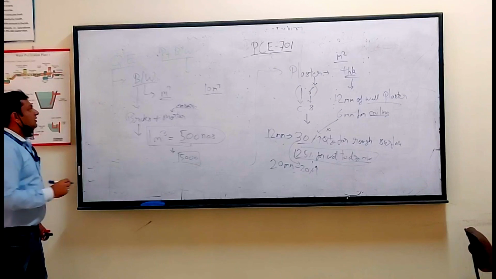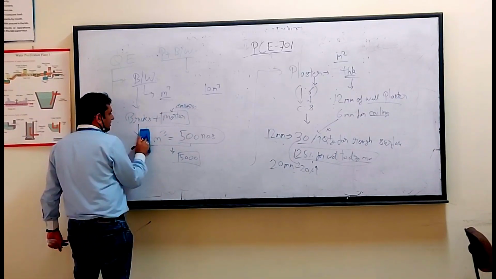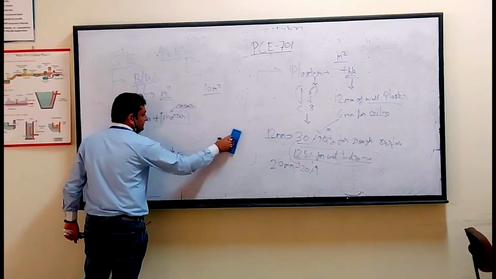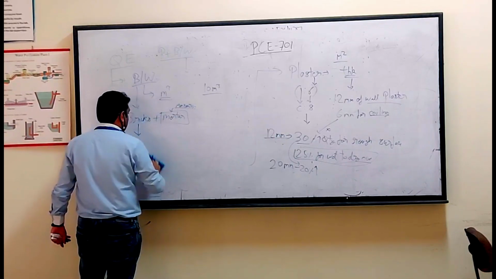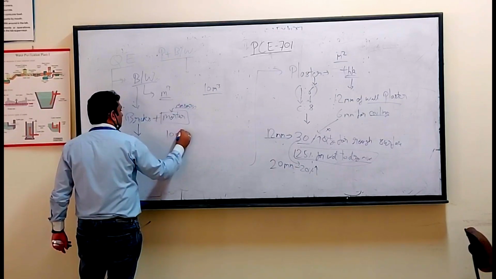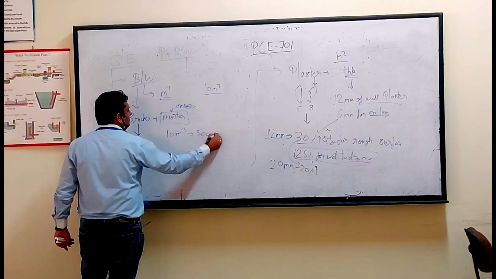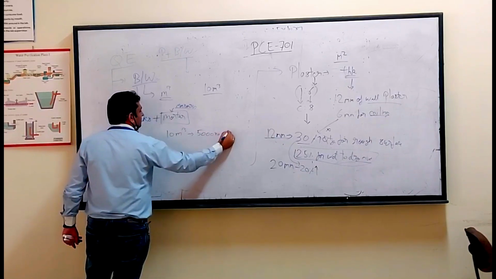The second thing is what the mortar content will be. For that, let me erase this. We have taken an example of 10 cubic meters, and we have calculated 5,000 bricks.